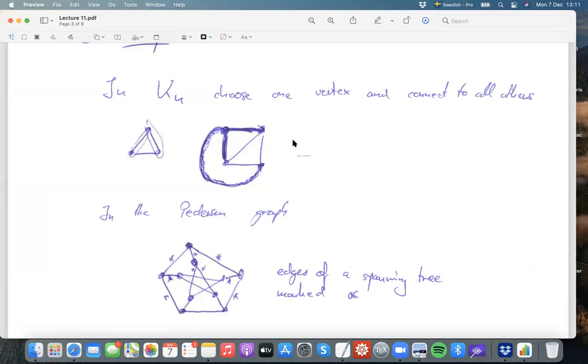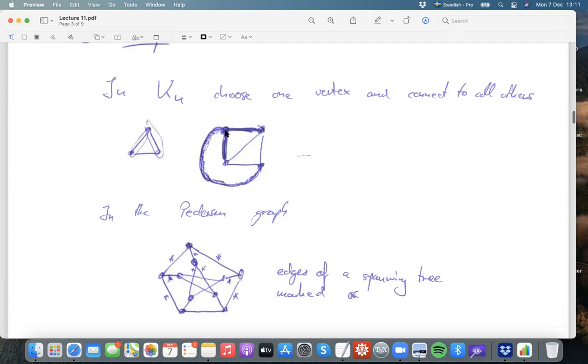Sorry, so if this is graph K4, you can also do it like this. You can start with a vertex and connect it, say, to three other vertices, 1, 2, and 3. So you get a small bush. This is a central vertex, and there are three edges connecting it to the remaining three vertices. This is one type of trees, but there is also another type of trees here.